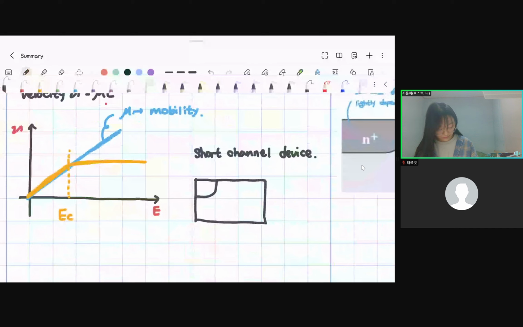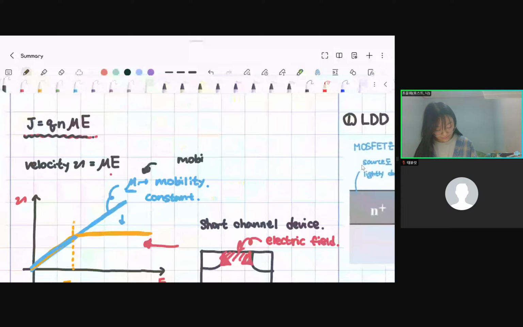But when the relationship between V and E has a saturation region, the mobility is degraded. So we can also call this phenomenon mobility degradation.